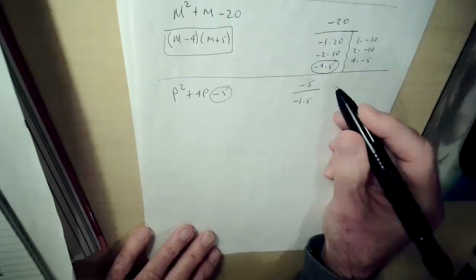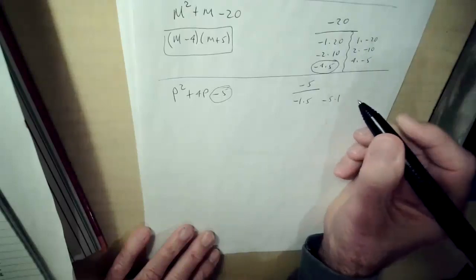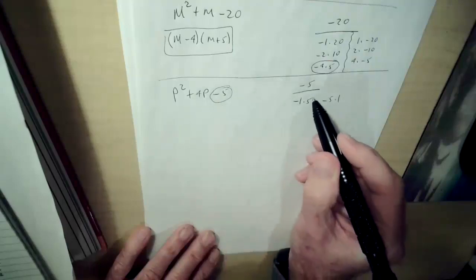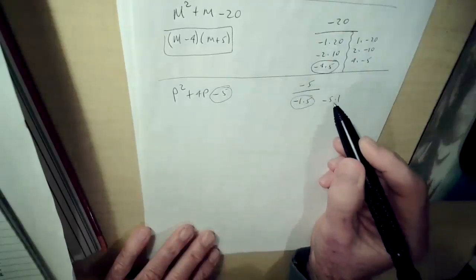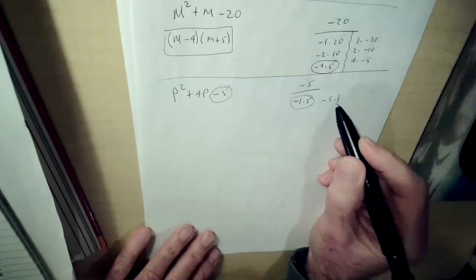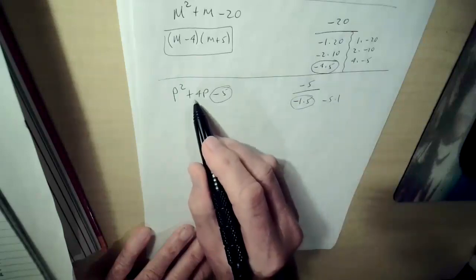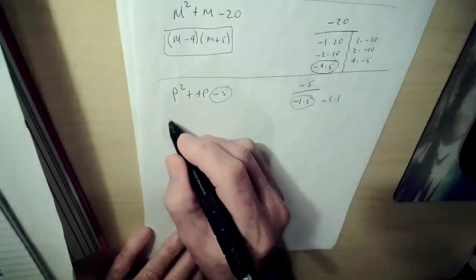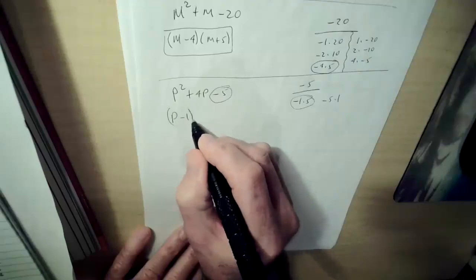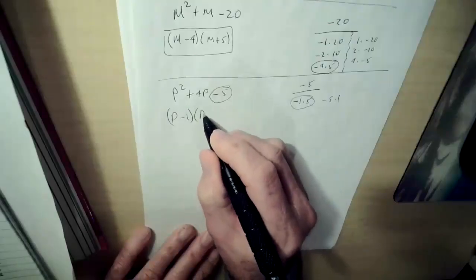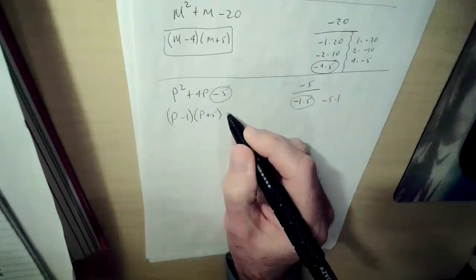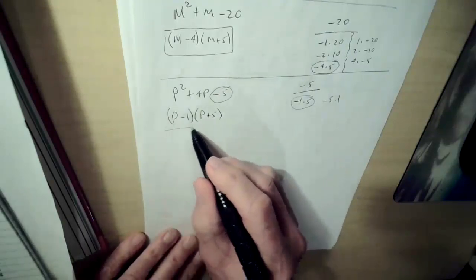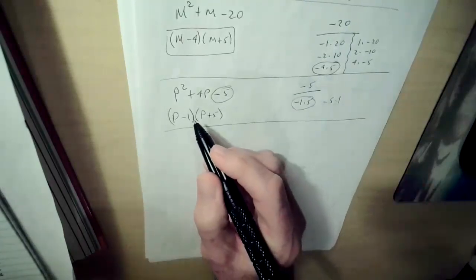Which two combine together to give us a positive 4? Negative 1 times 5, it's in there, isn't it? Or negative 5 times 1. 5 minus 1 is positive 4, so it's this one. Negative 5 times 1 is negative 4, so it's not that. Everybody see that? I don't think I'm explaining that real well. But anyway, we get p minus 1 times p plus 5.